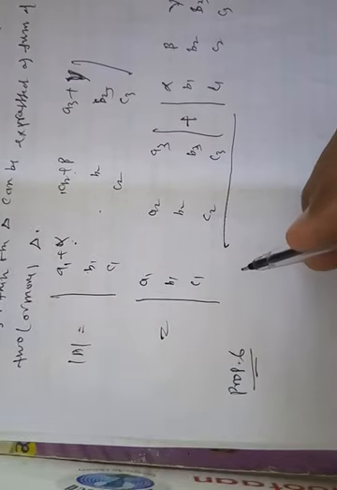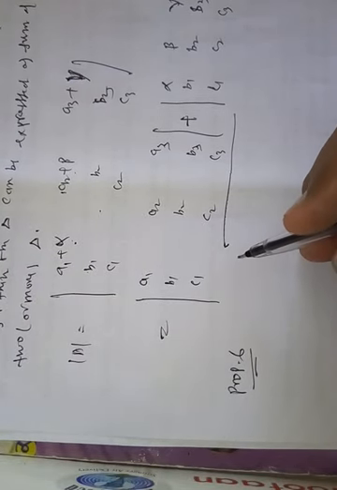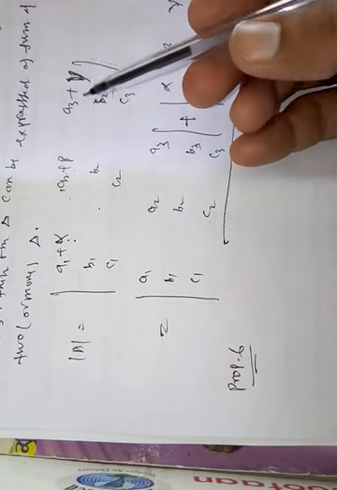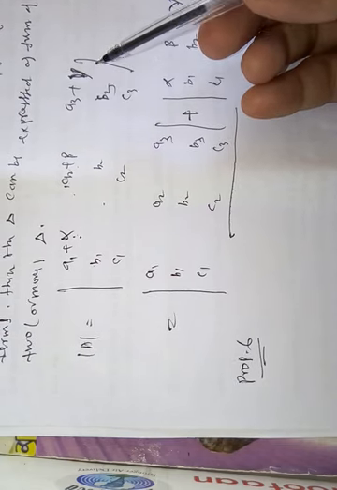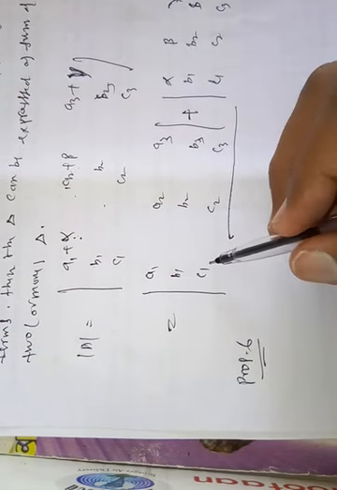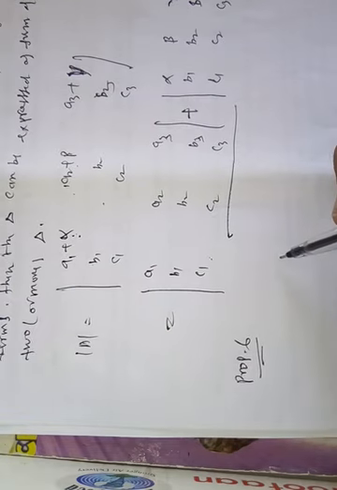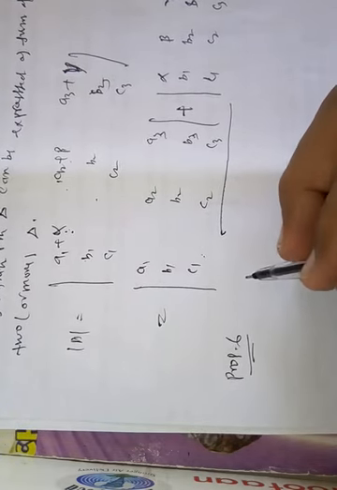These are already changed into k alpha, k beta, k gamma, so take k common. You just apply property 5.